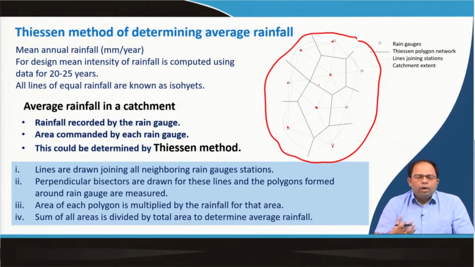What I require is to measure the average rainfall for this particular area. So, how do I determine the average rainfall? I can take the rainfall readings of each of these weather stations, the millimeters of rain that have happened, divide by the number of weather stations, and get the average. We could do that, but actually it would be wrong.